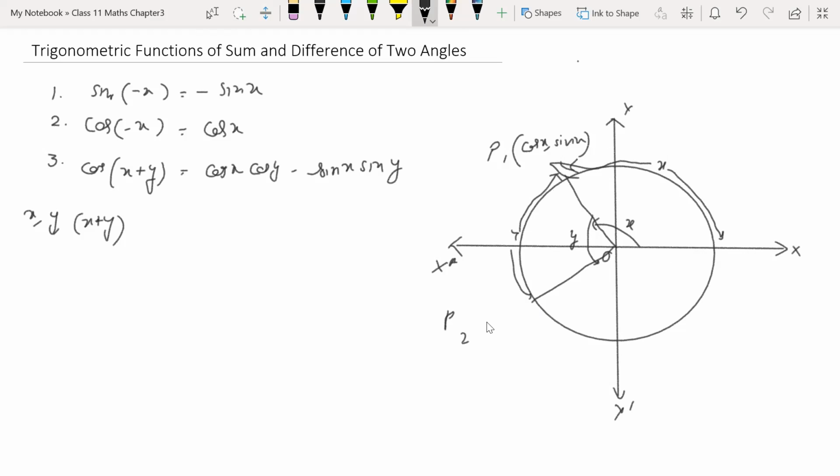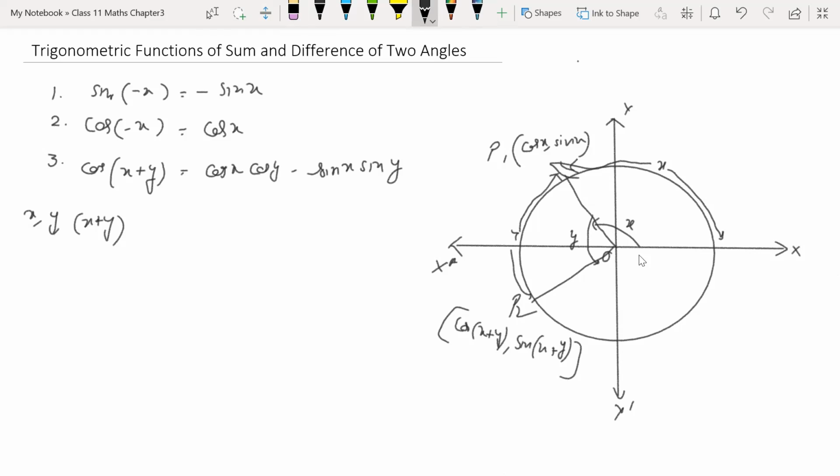Now P2 will be, this is the P2, and the coordinates of P2 for x plus y will be cos(x + y), sin(x + y). These are the P2 points.